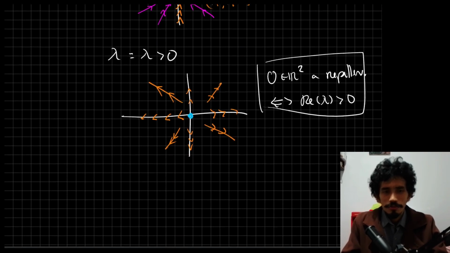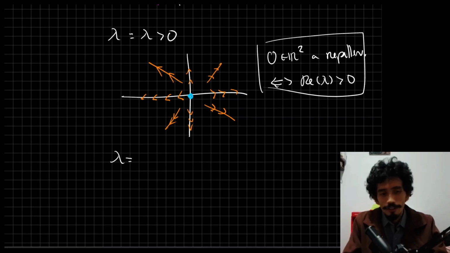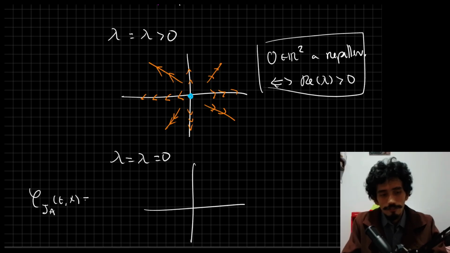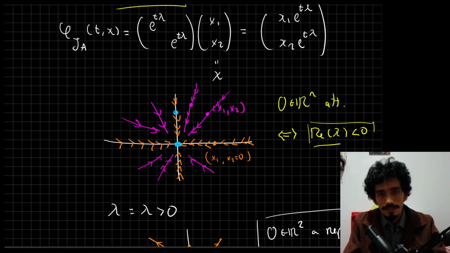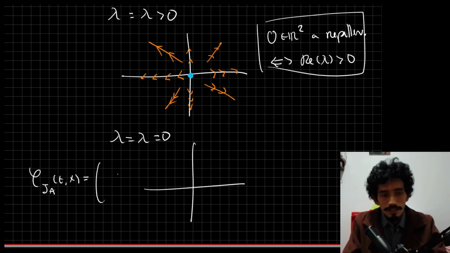The last case is what happens when both eigenvalues are equal to 0. In this case it is interesting because now the flux of this Jacobian matrix will be, if the eigenvalue is 0, then this is 0, the exponential of 0 is 1, so this will be just this column, right?